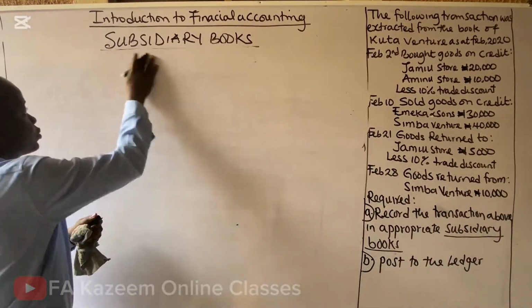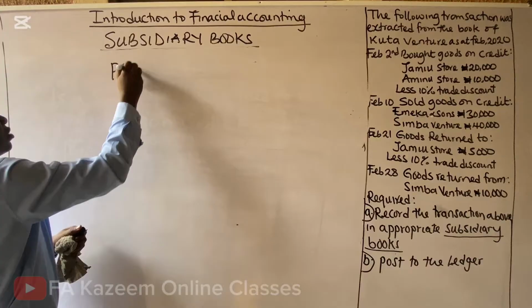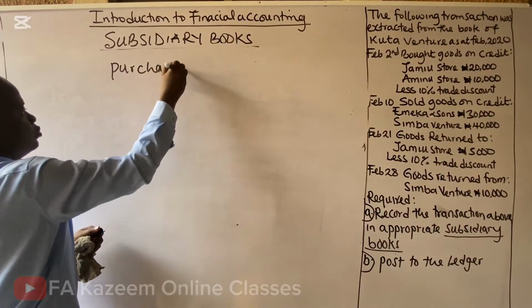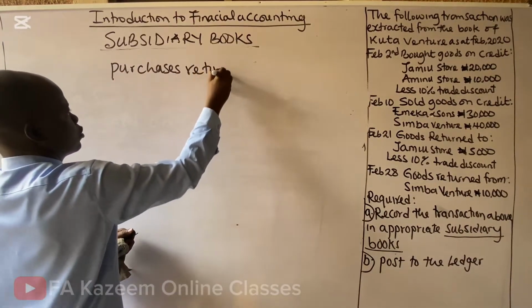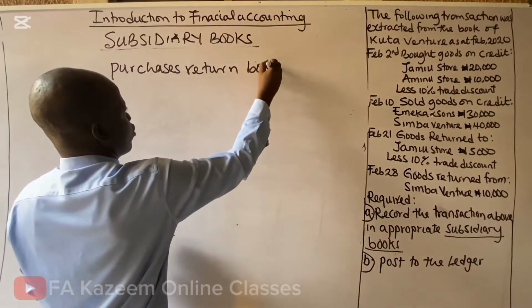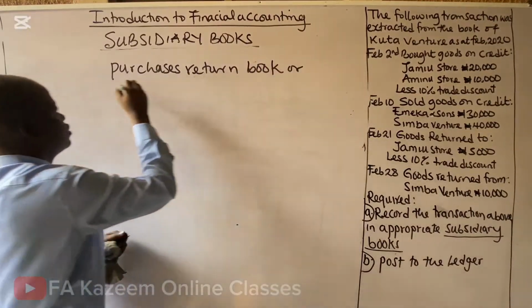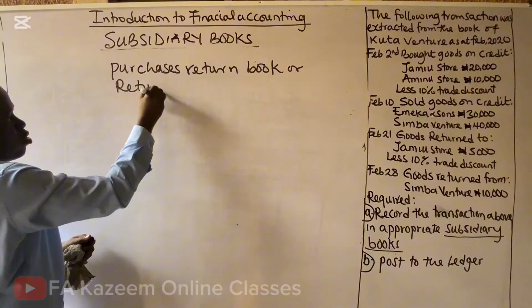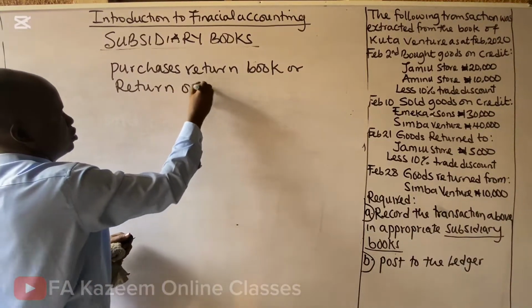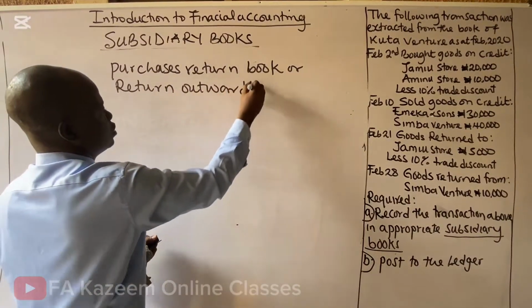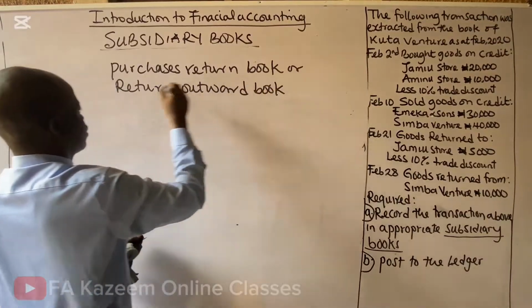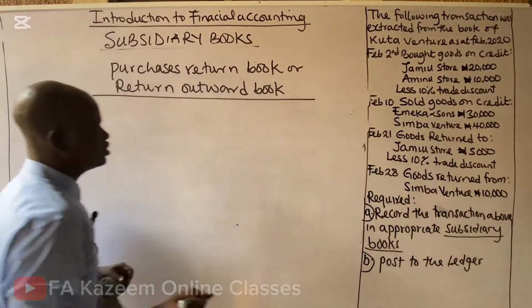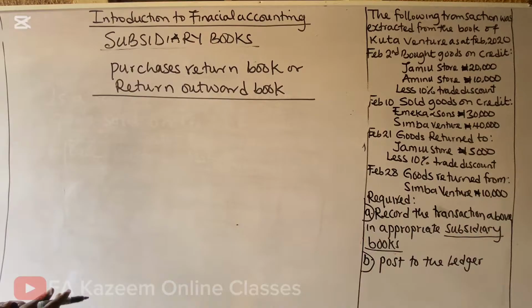We have the purchases return book, or we can call it the return outward book. And what is the purchases return book?